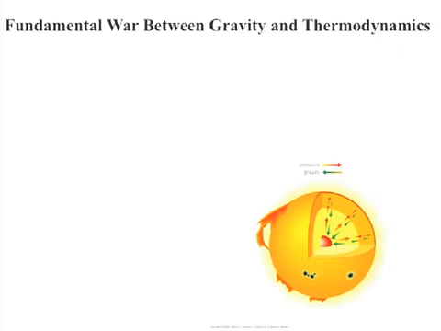You've got a star that weighs a lot, and it's pushing it all together. What is resisting the pressure? The pressure is resisted by the energy generated by the sun.